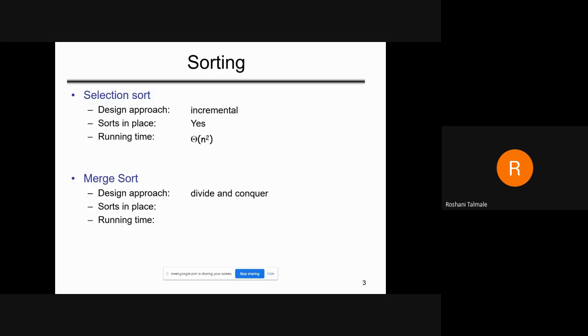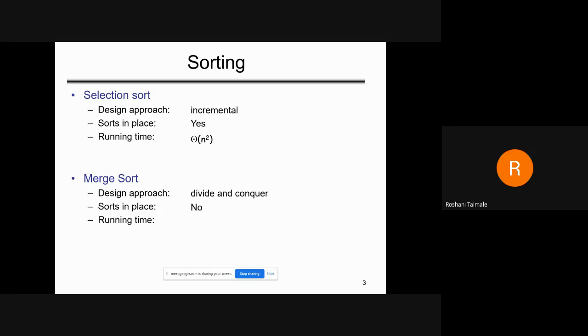And in merge sort, the design approach is divide and conquer. So what is divide and conquer? We will divide the given array into subarrays and then we will apply the sorting. Sort in place? No. Why is it no? Because first we have to perform the divide method. After completion of the complete divide method, then we will apply the sorting.